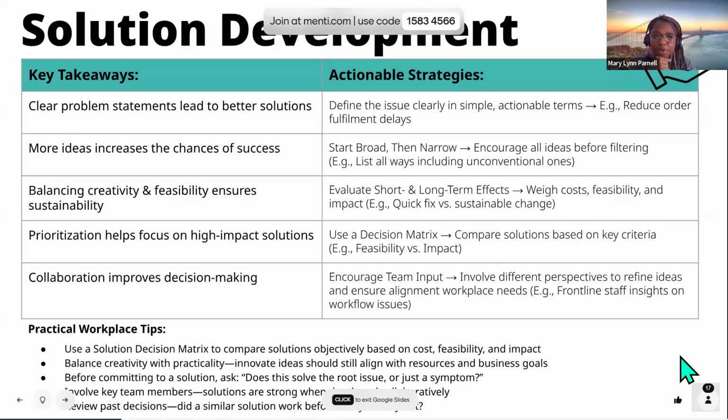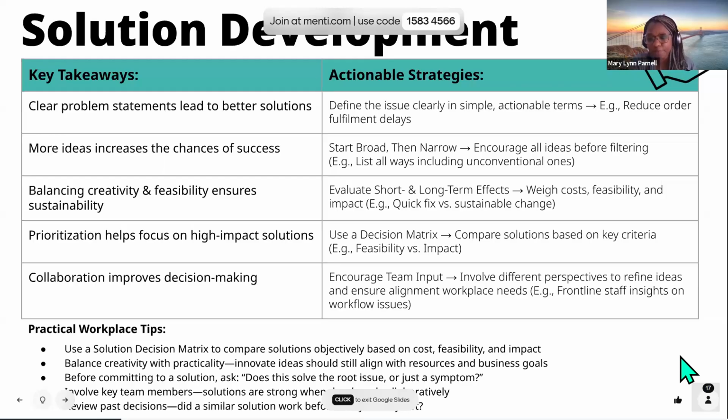And again, here, collaboration improving our decision making, really encouraging team input. When we involve different perspectives, to refine our ideas and ensure alignment of our workplace needs, we get buy-in. And so we're able to, one, identify some of the challenges as well once everybody's on the same page.